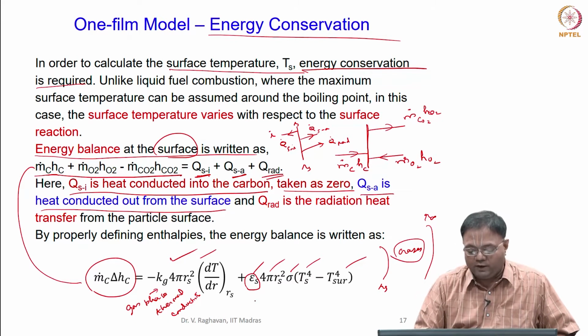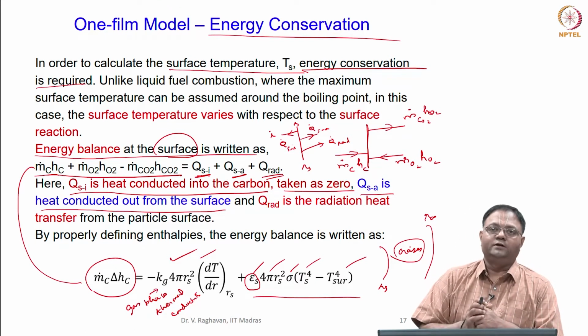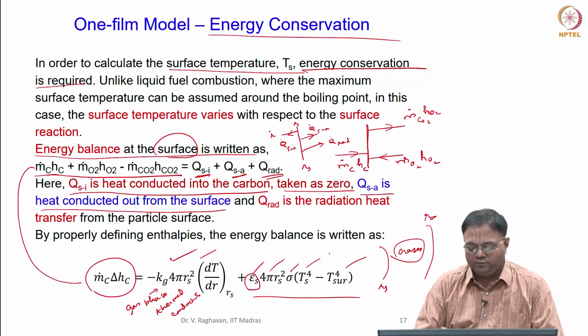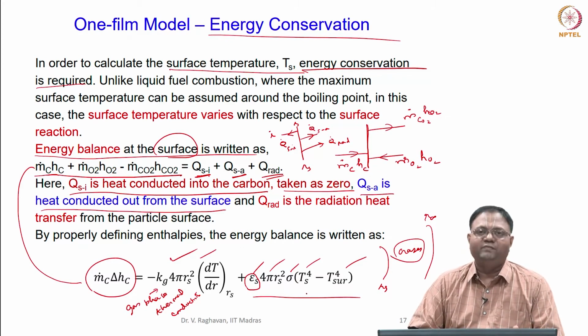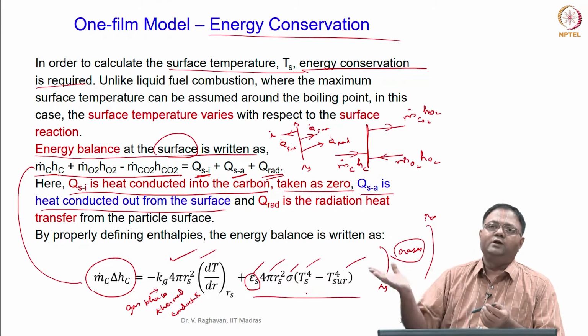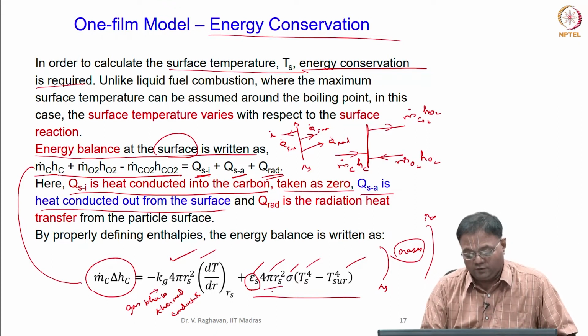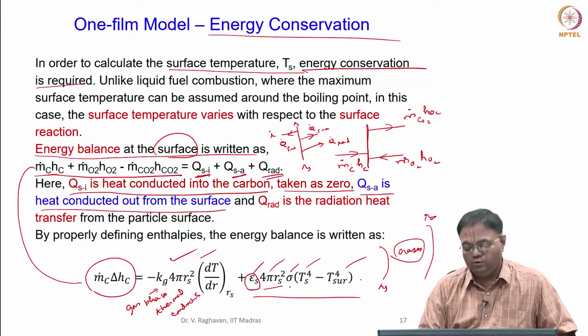In vacuum we can write such a statement, but if there are gases, then the gases also will absorb some heat, correct, but we neglect that. It is a simplified model, so we only take the grey body radiation into account, where the emissivity is constant, surface area times sigma times Ts power 4 minus T surrounding power 4. That is all.